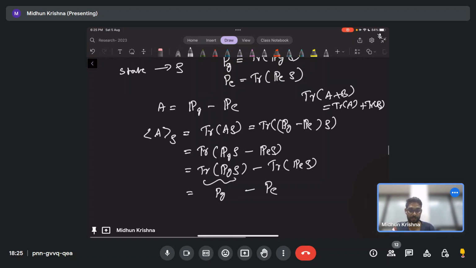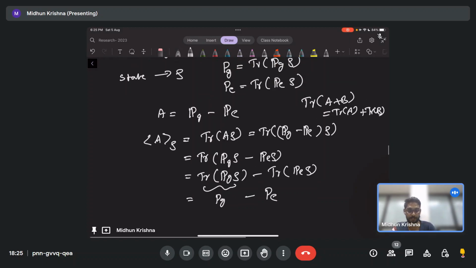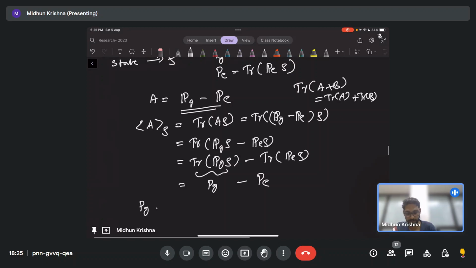So if I construct this observable, I need this. I don't know how I do it experimentally. If I can think of an observable of this sort, I'll find the expectation of this observable, which will tell me what PG minus PE is. Right? Since PG plus PE is 1, the expectation of A plus 1, divided by 2, is PG, and PE is 1 minus the expectation of A divided by 2.